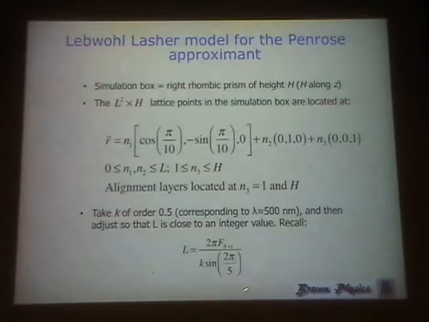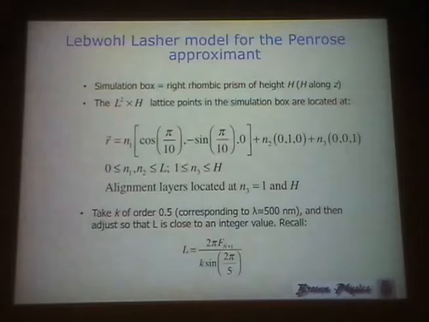The size of our unit cell comes from the theory of the Penrose approximants, and we want to make that close to an integer value. We're trying to index our points in our Lebwohl-Lasher model with L. That's the basic idea.